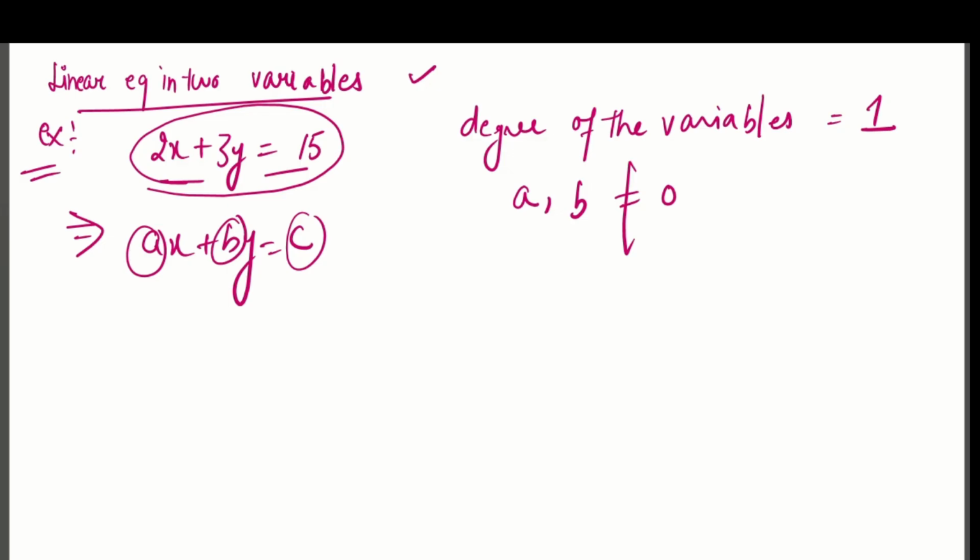So remember that in a linear equation in two variables, a and b are constants, c is a constant, and the degree of the variables should be 1.